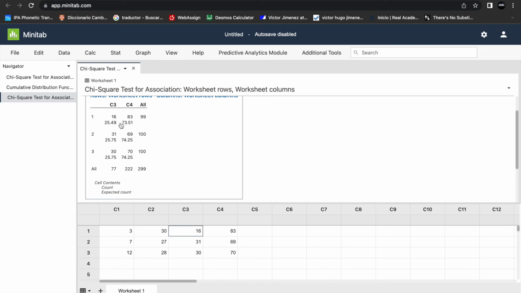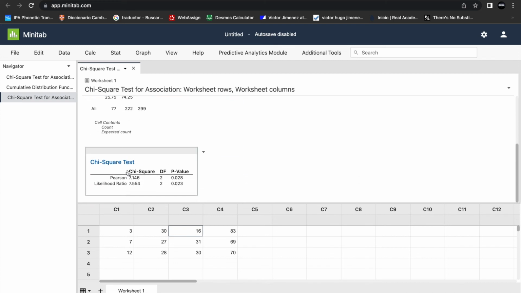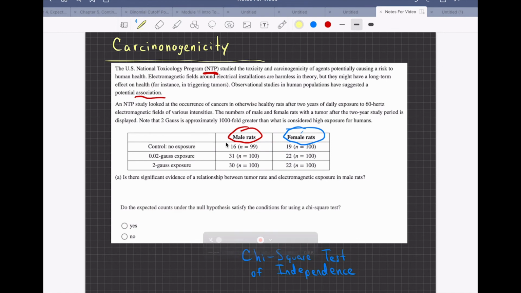And there you have the expected counts. Expected counts, remember they are below for each. But in this case, I don't know exactly what this problem is asking. Oh, the first question is, do the expected counts under the null hypothesis satisfy the condition for using a chi-square test?